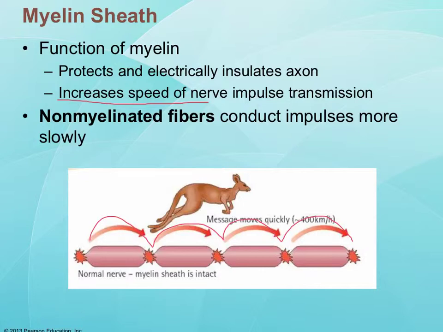Okay, so for the non-myelinated fibers, they have to conduct continually, more like this, and they have to depolarize every inch of the cell membrane, so it's kind of slow. For the one with the myelin, it just needs to check. As long as those parts get a signal, the signal will be conducted.